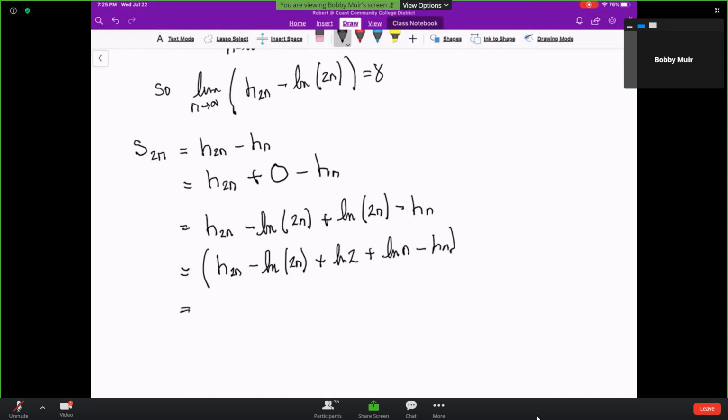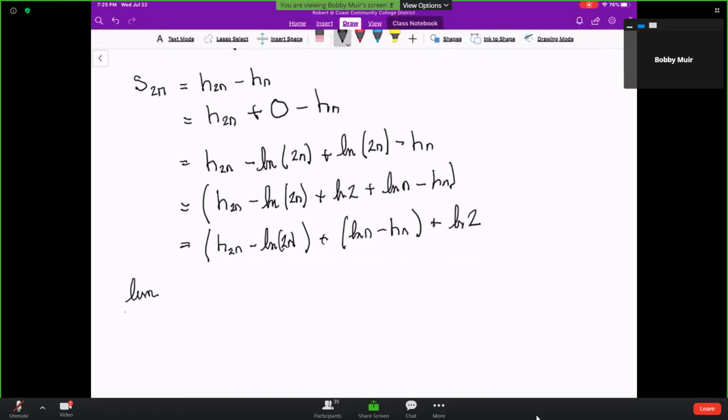That is equal to H sub 2n minus the natural log of 2n plus natural log of n minus H_n plus the natural log of 2.